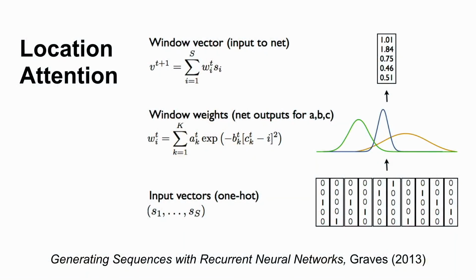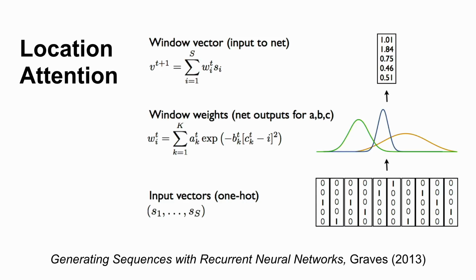The network basically outputs a bunch of parameters that parameterize a Gaussian mixture. So a set of weights, a set of means, a set of variances. And those things are then convolved with the input sequence that represents the text. So the text is represented as a sequence of one-hot vectors, this thing at the bottom. And then you have these Gaussians, which basically have means, so the means and the variance correspond to the position within the sequence.